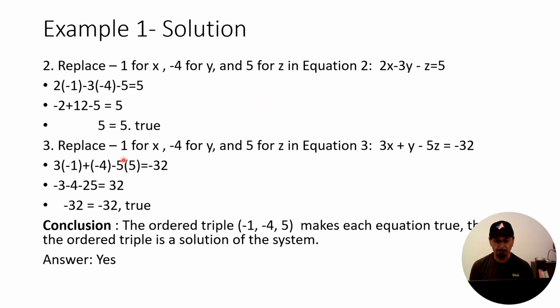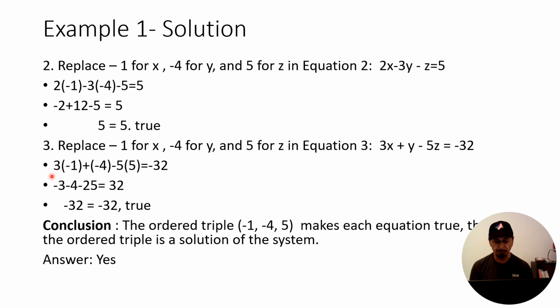Now we replace -1 for x, -4 for y, and 5 for z in equation number 3, which is 3x plus y minus 5z equal to minus 32. So this becomes 3 times -1 plus -4 minus 5 times 5 equals to minus 32.